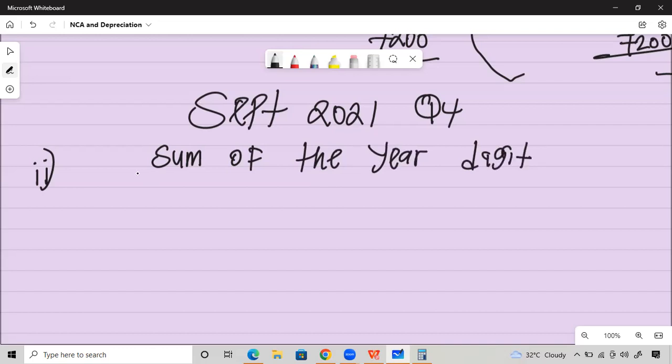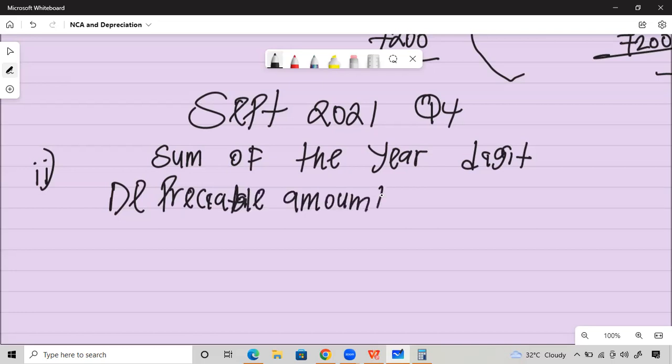Just like before, we start with the depreciable amount. Your depreciable amount will be cost minus scrap value.